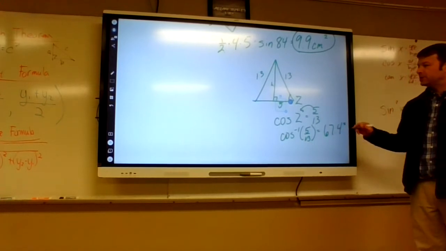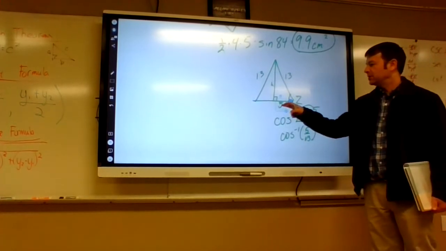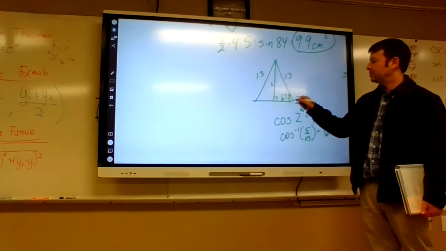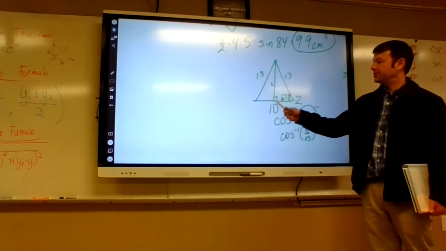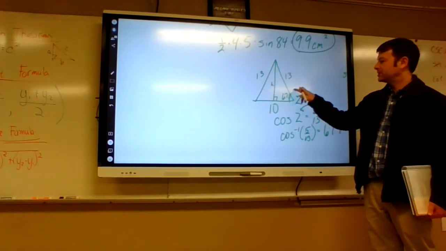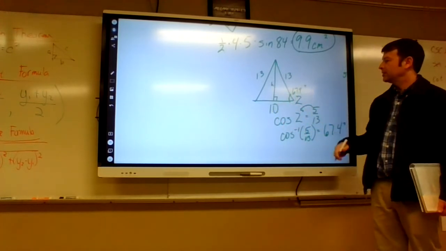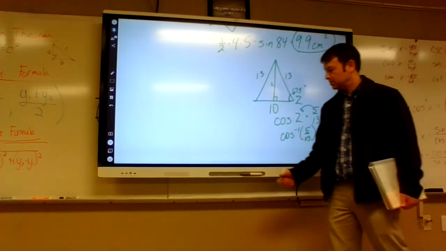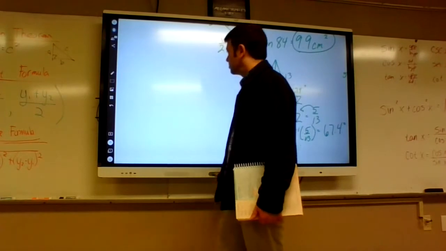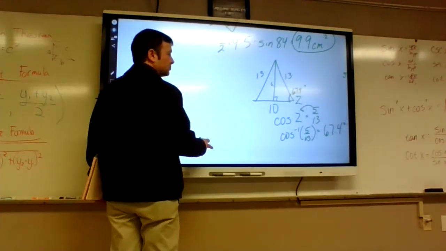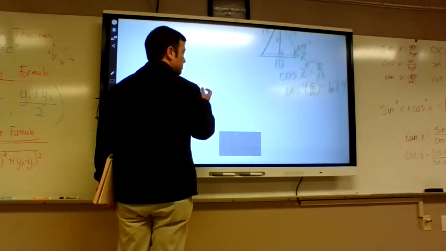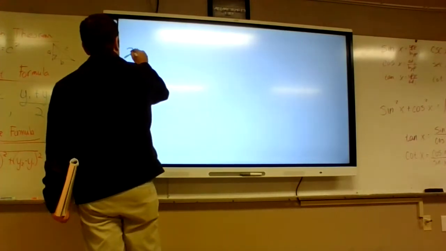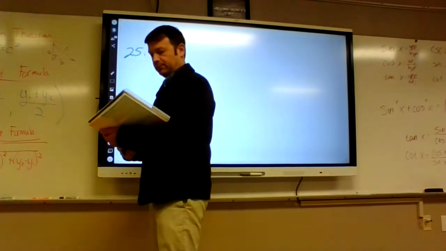Okay, so now we've got an angle, and we have the two sides around the angle. Let's say 67.4. So you just do 13 times 13 times the sine of the angle and half. Although, wait, would you not have to use the half?